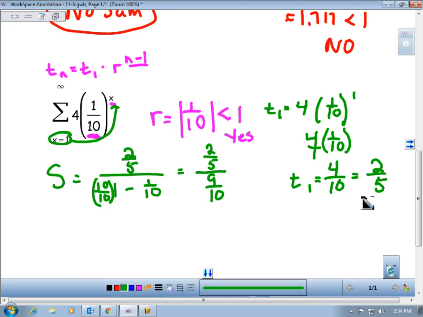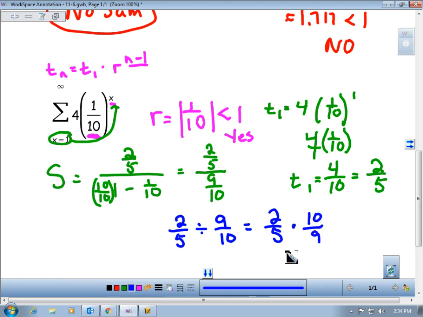What do you want to do there? Yeah, one of the reasons I brought this one up is maybe this one's easier to change to a division problem. Okay, 2/5 divided by 9/10, which would be 2/5 times what? 10 over 9.